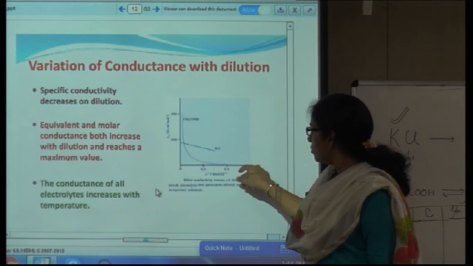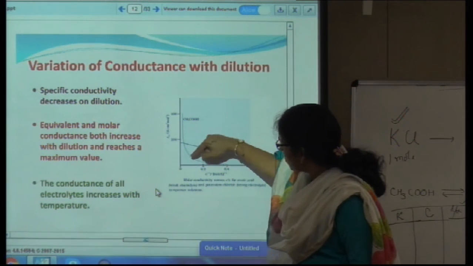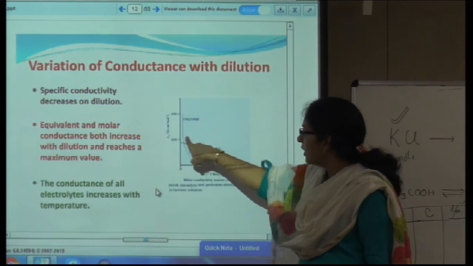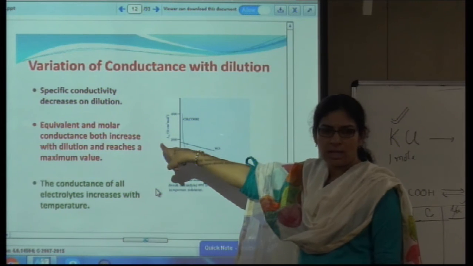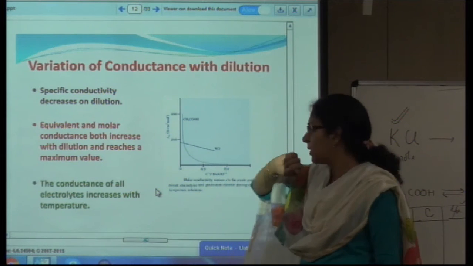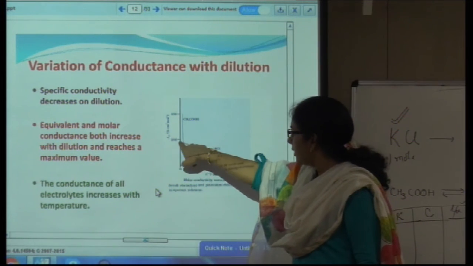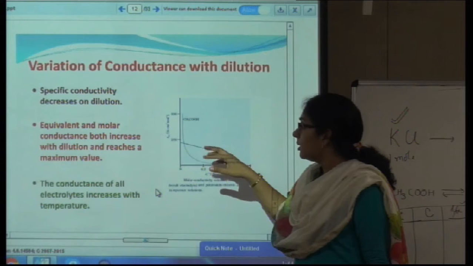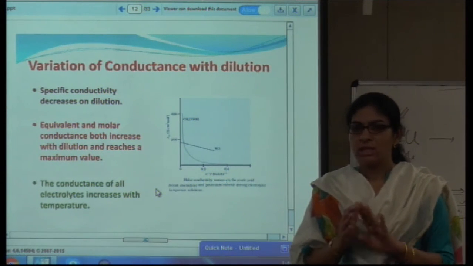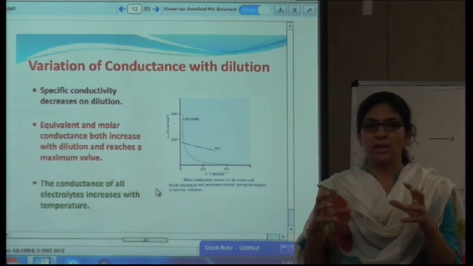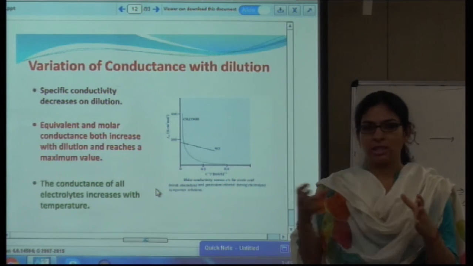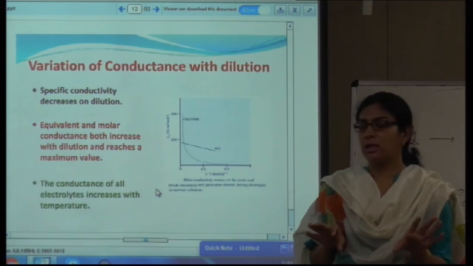You dilute and dilute, and at zero concentration you have the limiting value of the conductance, called lambda infinity or sometimes lambda naught. So molar and equivalent conductance increase on dilution, and with increasing concentration they decrease.